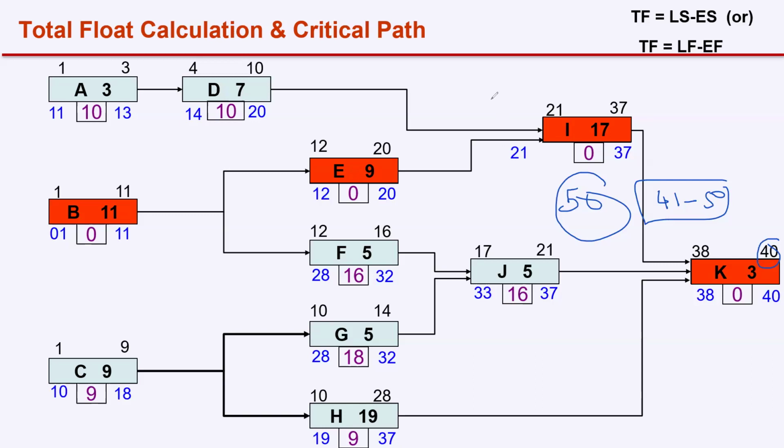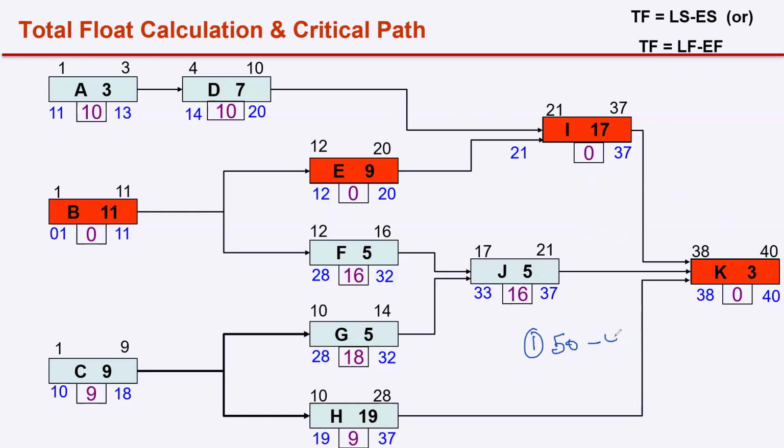It will be the other way around. They told you to finish the project in 30 days, and if you are lucky, your calculation will say I can finish in 40 days. So, there can be three types of project float. One, positive project float: you agreed to finish in 50, calculated to finish in 40, that means you have positive project float.